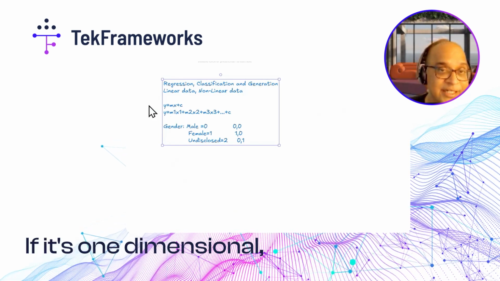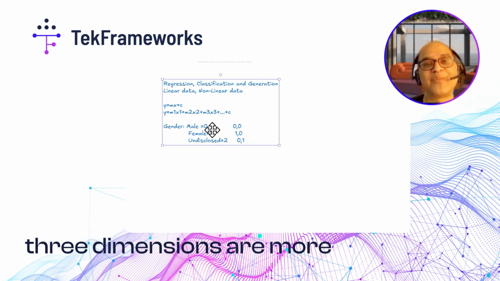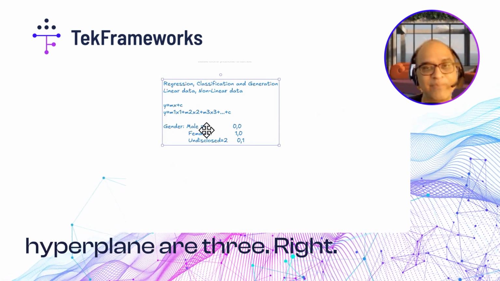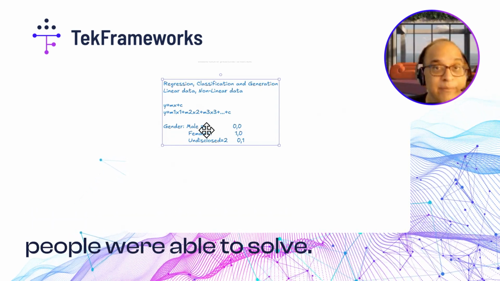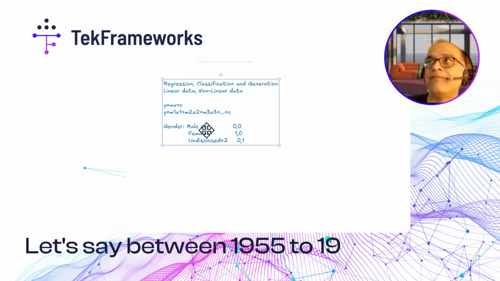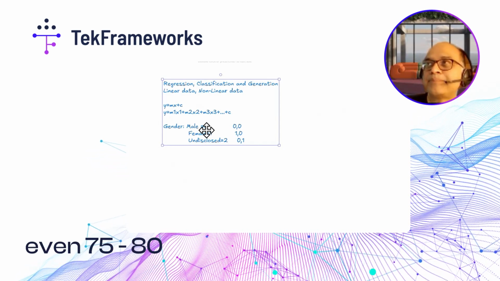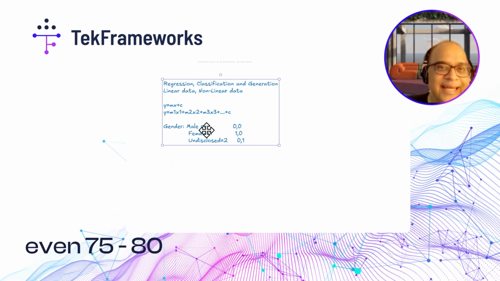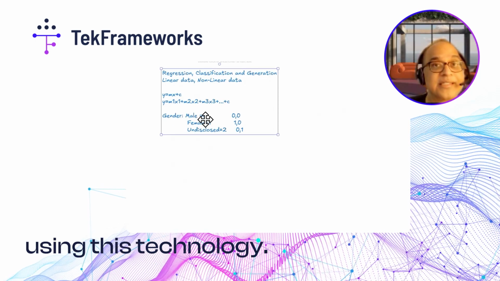If it's two-dimensional data, it is a straight line. If it's three dimensions or more, it's planar, hyperplanar, right? So those are the kind of problems people were able to solve between 1955 and even 75, 80.